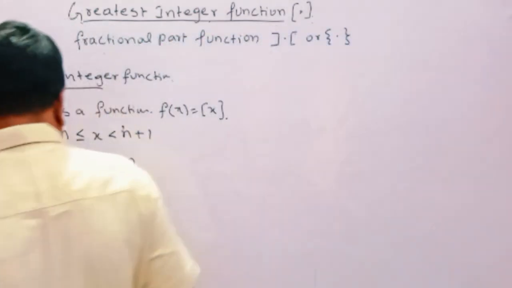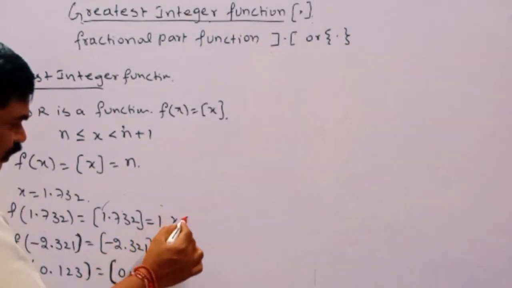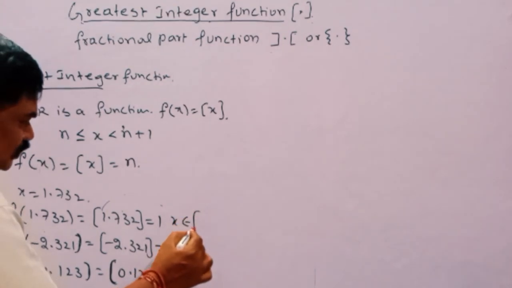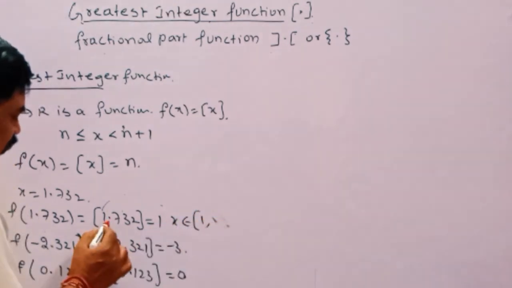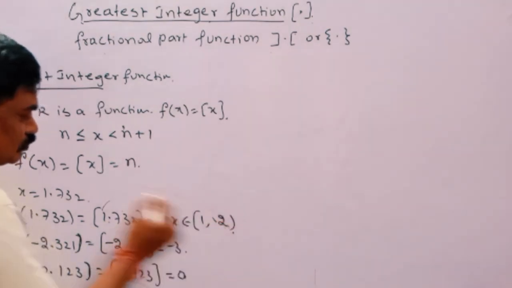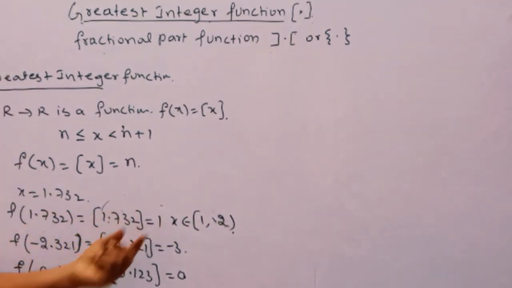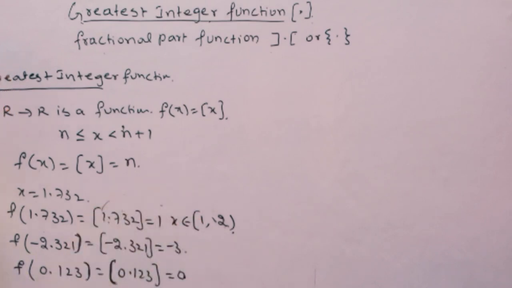What is the x value you observe here? x belongs to the closed interval 1 and open interval 2, so you take the value 1.